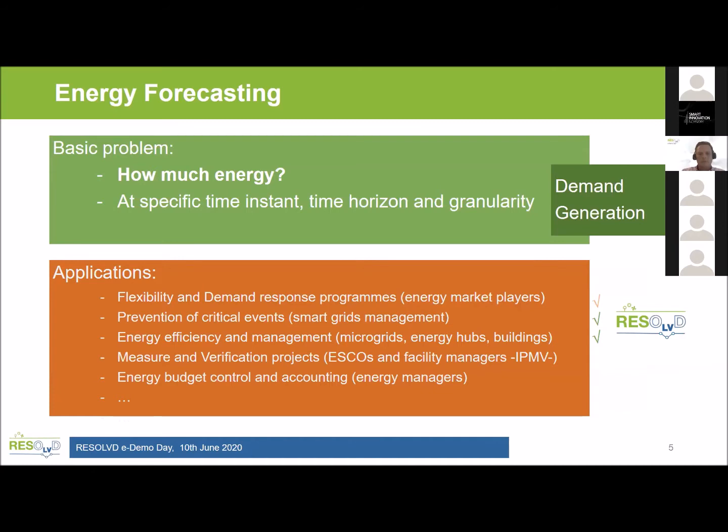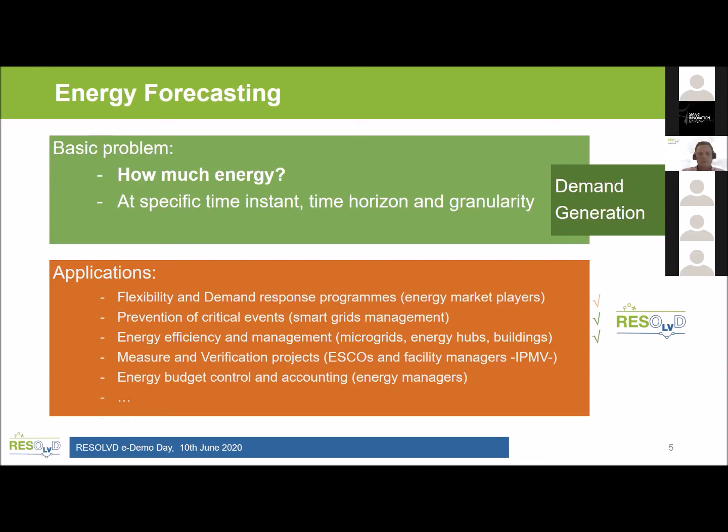For example, if you are an aggregator, or you need to know how the consumption or the demand will be in the future in the grid, to ask for this flexibility in those markets if you are a DSO.